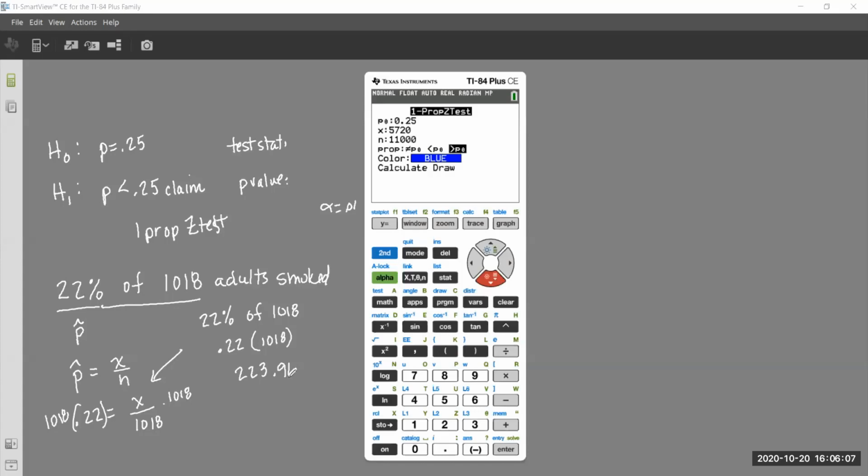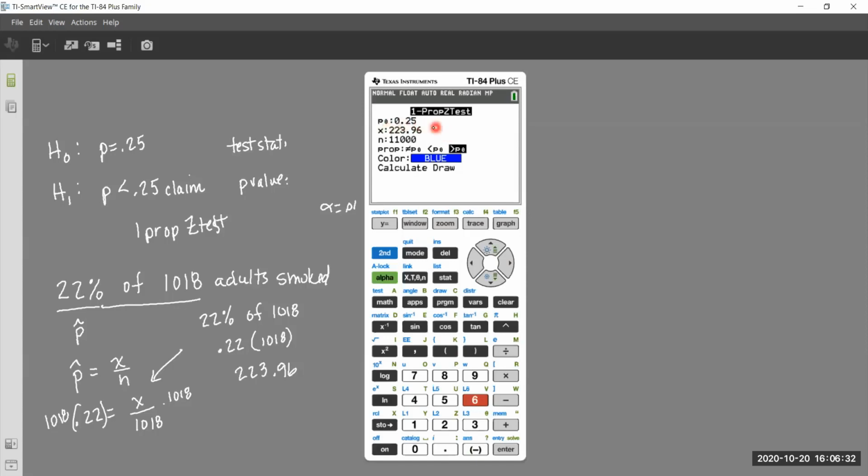Let's do something just to show you. So if I put 223.96, I want you to realize something. X is your number of successes. You can't have a partial success. If you think about it in terms of people, they either smoked or they did not smoke.